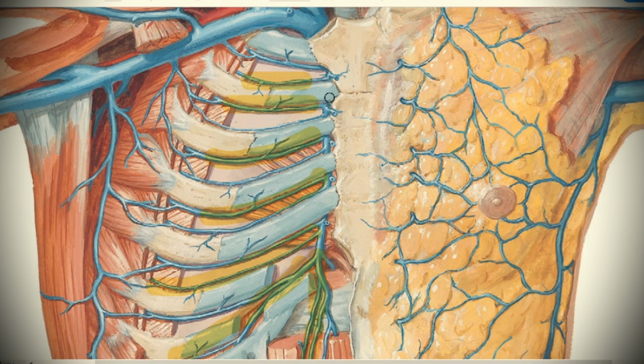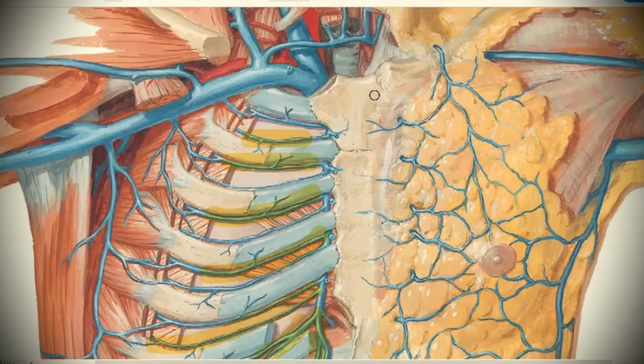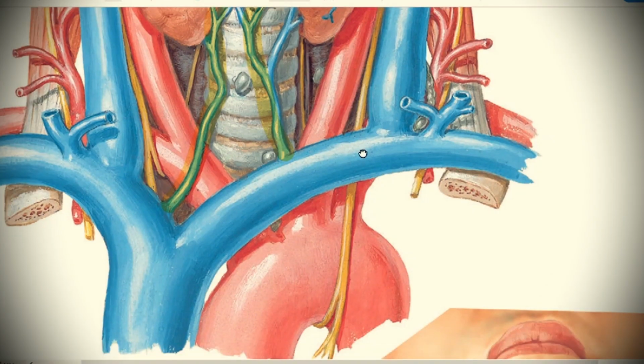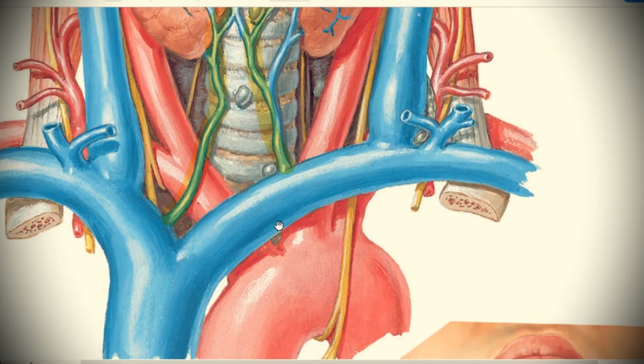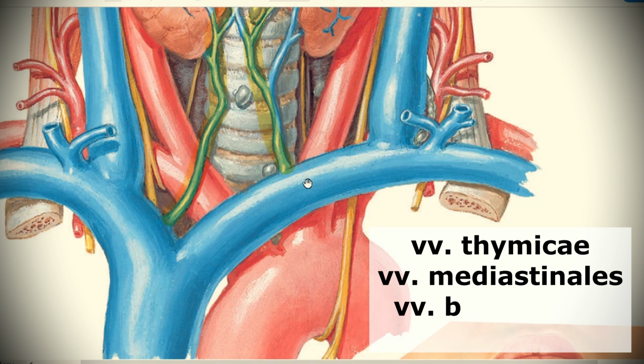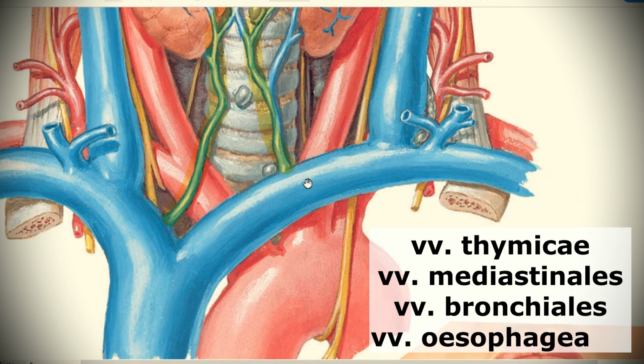It goes up and falls into the brachiocephalic vein. It's a big tributary of the brachiocephalic vein. Also, it has a few small tributaries: the venae thymicae from the thymus, venae mediastinales, venae bronchiales, and venae esophageales.